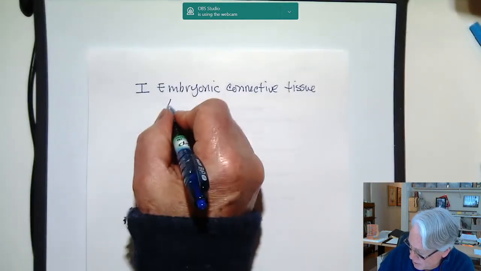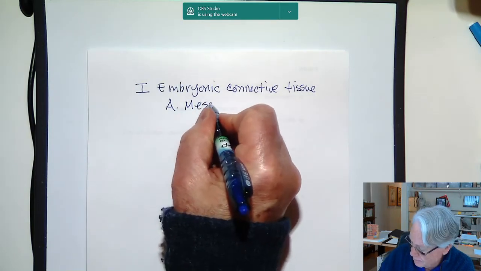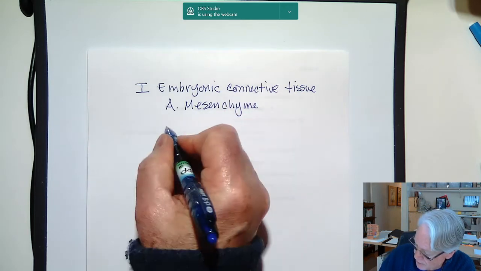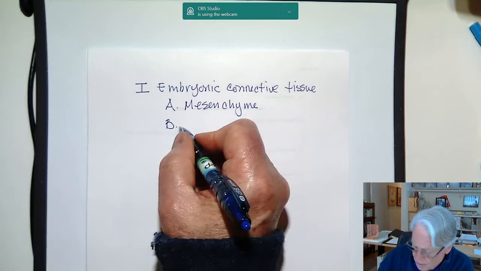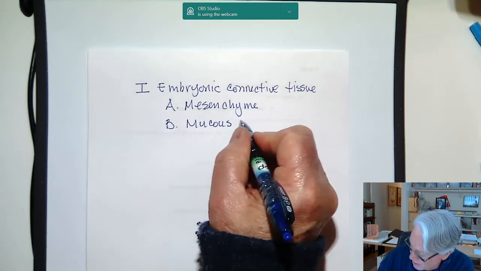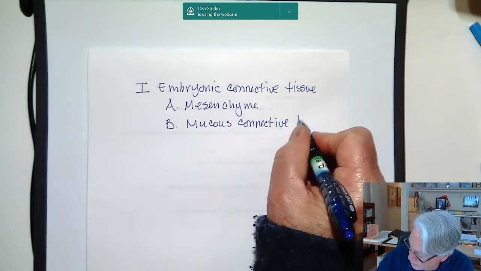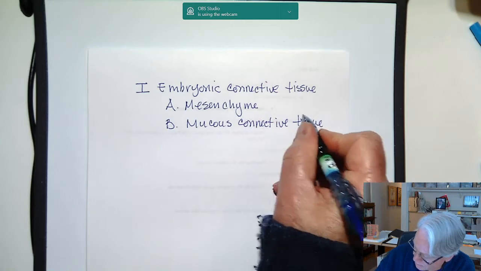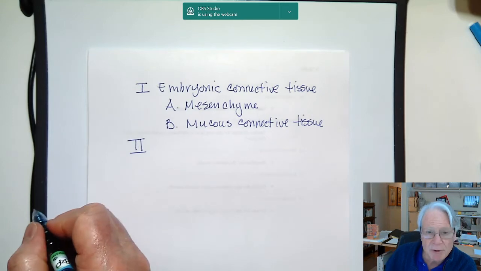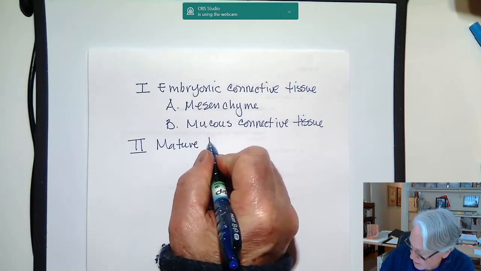And under that, I'm going to have A, mesenchyme, and B, mucous connective tissue. And then I'm going to put in here mature connective tissue.